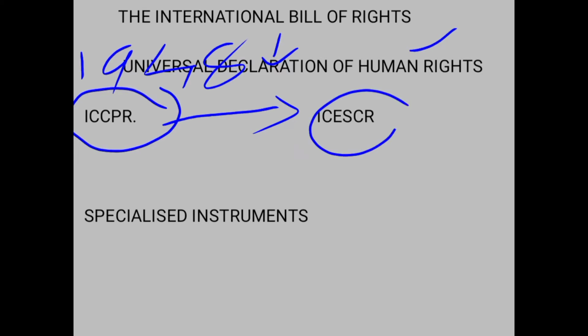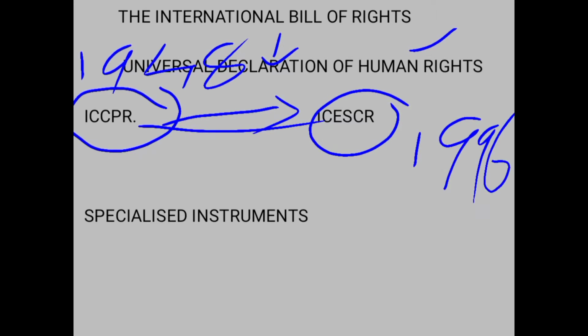Why are they in the same position? These two were adopted in the same year, 1966. So these three are the ones referred to as the International Bill of Rights: the UDHR, ICCPR, and ICESCR.